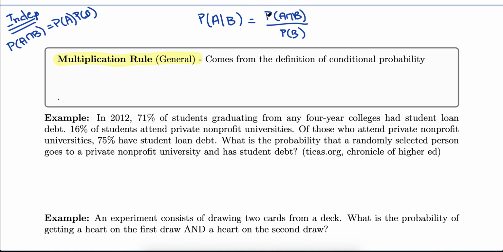So I could do one simple step of algebra to solve for the and. I could multiply both sides times probability of B, and I would get something like this. Probability of A and B is probability of A given B times probability of B. So now I've just simply rearranged the formula to have an and probability that works anytime.